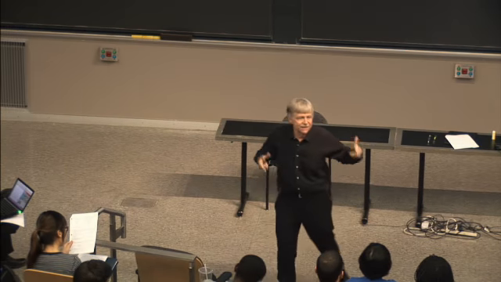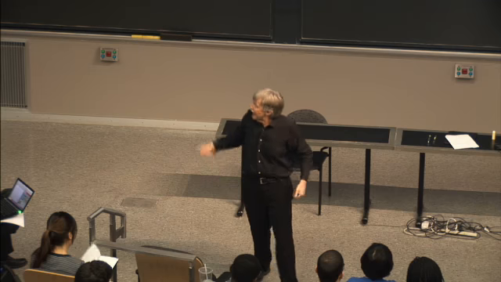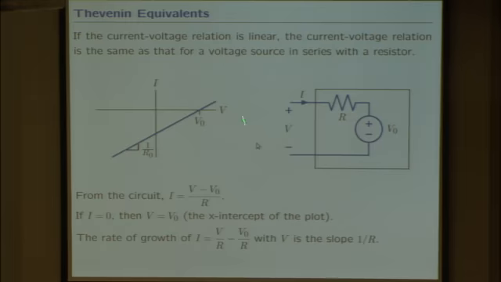All I need to do is take the complicated thing and figure out its straight line plot. Now you read off some critical numbers from this plot. You say, OK, well, what if the current were 0? Well, if the current were 0, I'd be on this axis. If the current were 0 in the circuit, V would be V naught.